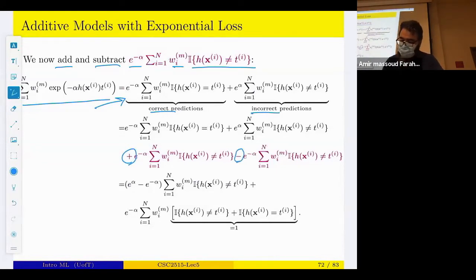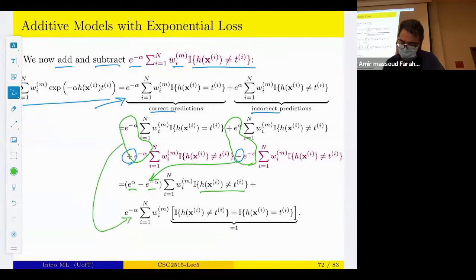You see that I arranged the e to the power of minus alpha on one side, and then we have e to the power of alpha minus e to the power of minus alpha on the other side, but with the negative sign. So I get this term: e to the power of alpha minus e to the power of minus alpha times the summation over incorrect classification, plus e to the power of minus alpha times the sum of the w_i's.